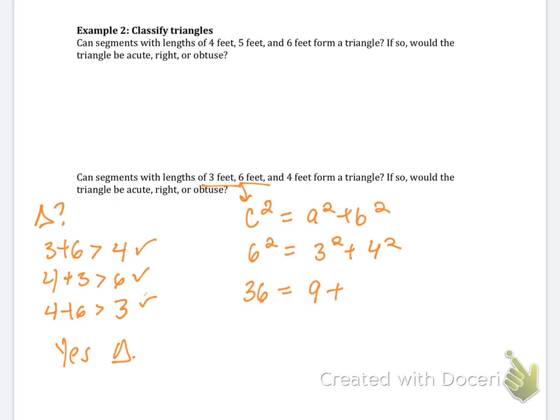And 4 squared is 16. And rather than putting in equals, because I don't know what it is yet, let me go back to doing my question marks. So 36, 25. 36 is greater than 25. So this is obtuse.